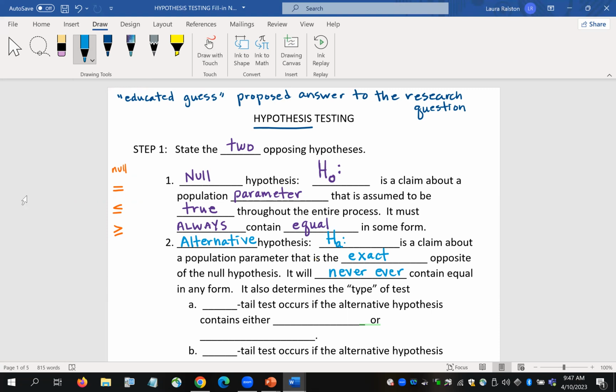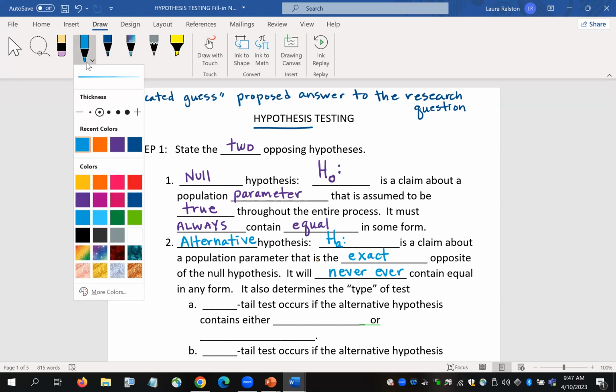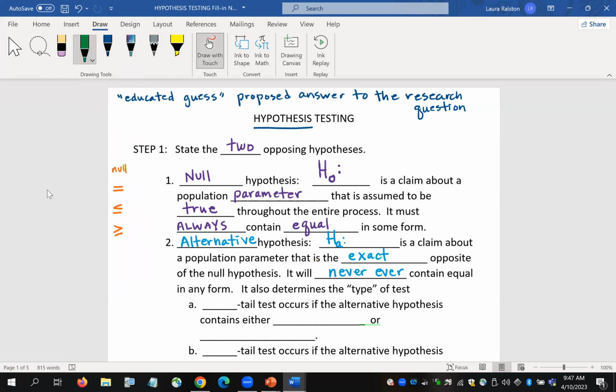So if we're thinking about the symbols that could be in our alternative hypothesis, they have to be the exact opposite. The exact opposite of equal would be not equal. The exact opposite of less than or equal is greater than. And the exact opposite of greater than or equal is less than.